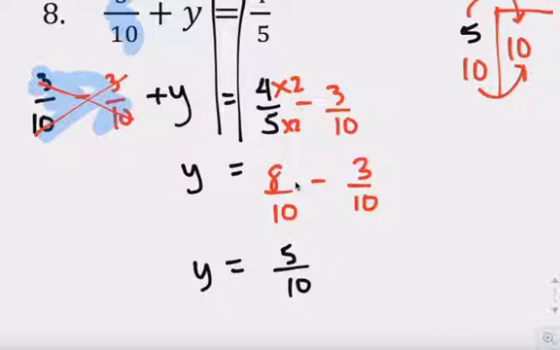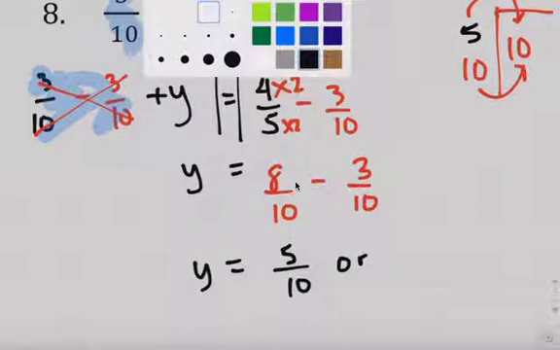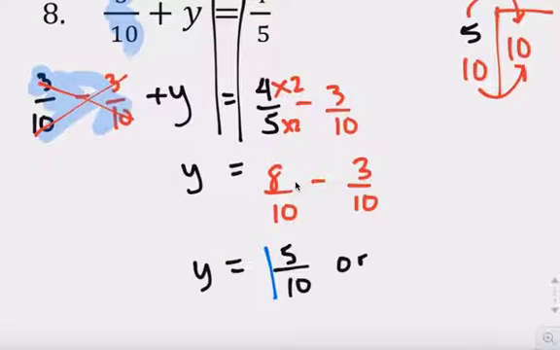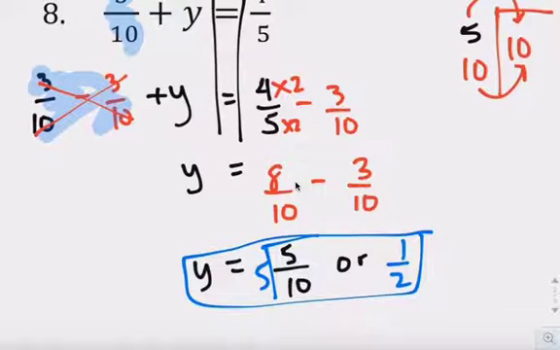Or reduce it: divide both numbers by 5. Or you divide this number by 5. Becomes 1 over 2. That's your answer. 5 over 10 or 1 over 2 after it's reduced.